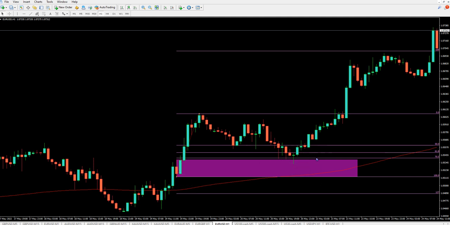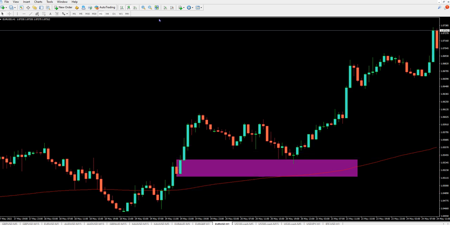Look how it never closes below the 70.5. You can be versatile with your fibs as well in confluence, so we've got a number of things. The demand area, the bullishness we're expecting because it's above the EMA now, and a fib anchored from the demand zone.